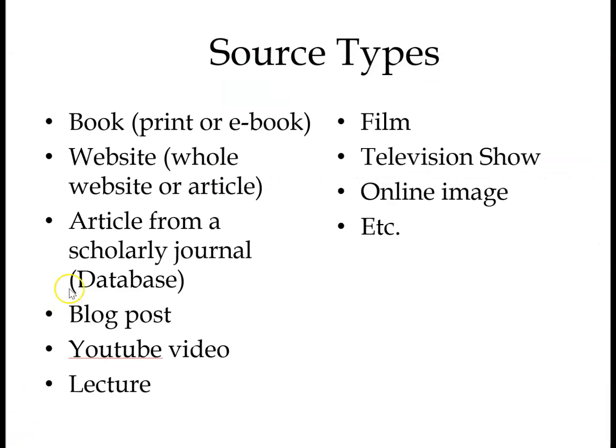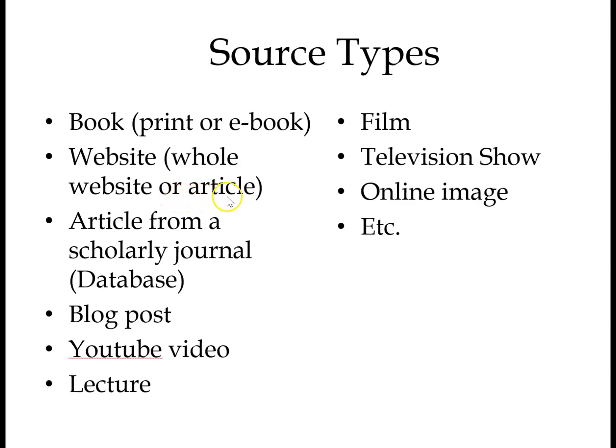So that's the first thing that you should be doing, is to identify what that source is. Is it a book? Is that book in print, something that you picked up at the library, or is it an ebook, something that you downloaded from online? Is it from a website? Is it the whole website, or is this just a specific article on that website?